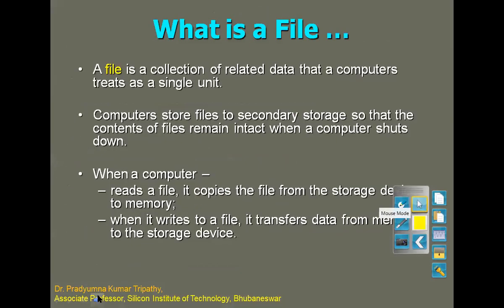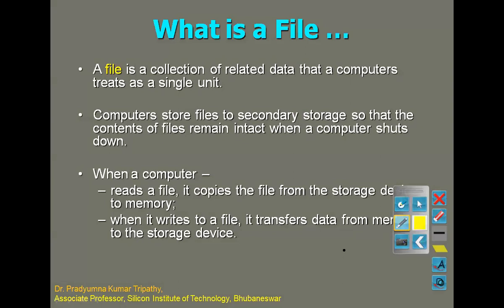Okay. So, what is a file? A file is a collection of related data that a computer treats as a single unit. A file is just like a container where you store some information, like a copy for a particular subject that you can call a file. In any operating system like Windows, you have a folder, and inside the folder you have some files.